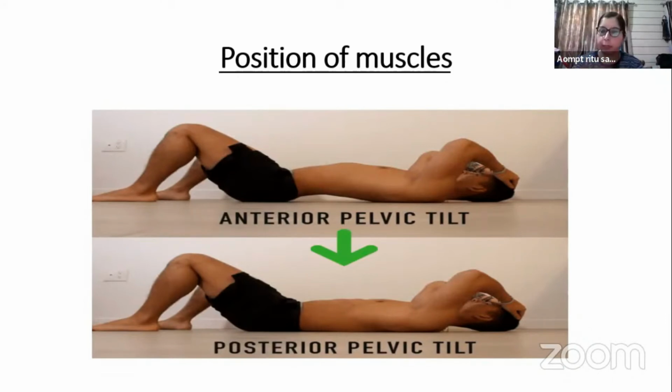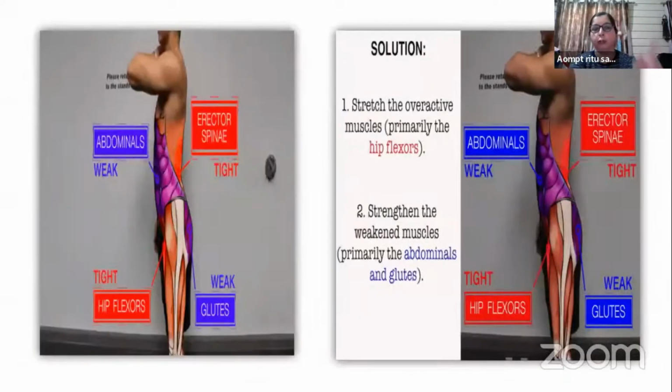This is the way one activity influences another. Also, one muscle is weak and one is tight, like the tight hip flexors and weak gluteals. So the overactive muscle we have to facilitate or inhibit, and we also have to check the underactive muscle, whether it is strengthened, weakened, or overactive.